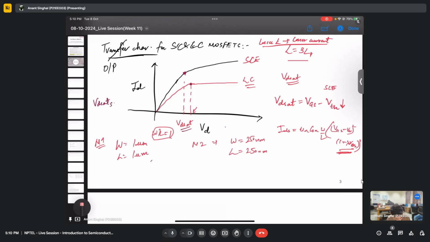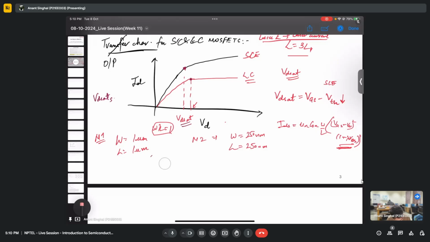Okay. Since we have the same MOSFET, let's just play with these equations only. We have mu Cox W by L, and then VGS minus VTH whole square. Sir, in the case of short channel, because it achieves the critical field earlier, and the velocity saturation is also attained earlier, that's why maybe the saturation voltage is lower. Yes, that is the point we did discuss, but we were only bothered about this VTH because it will be lower, so it should have a higher voltage, right?